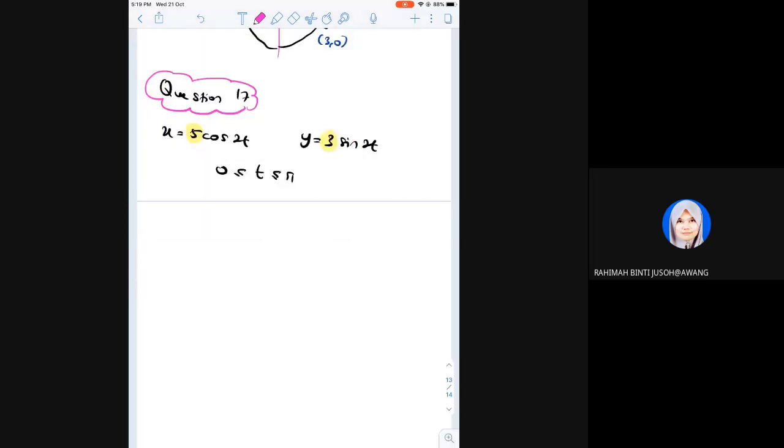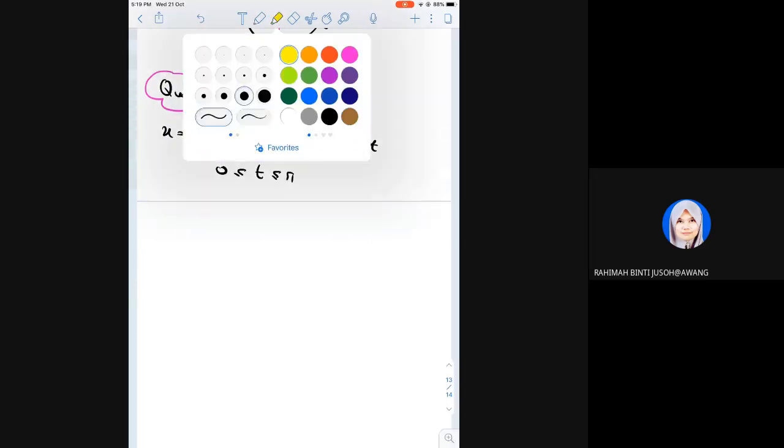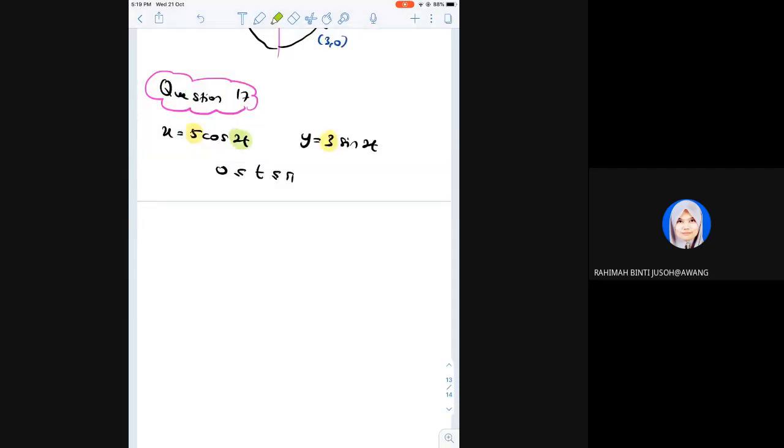Saya nak explain. Okay, next yang berbezanya dekat sini ialah dia ada 2t. Ni pun 2t. Kalau tadi dia tak ada 2 tu. Betul tak? Sekarang dia ada 2t. Okay, so how to solve this? Saya tunjukkan dua kaedah guys. Guna table, guna eliminating t.